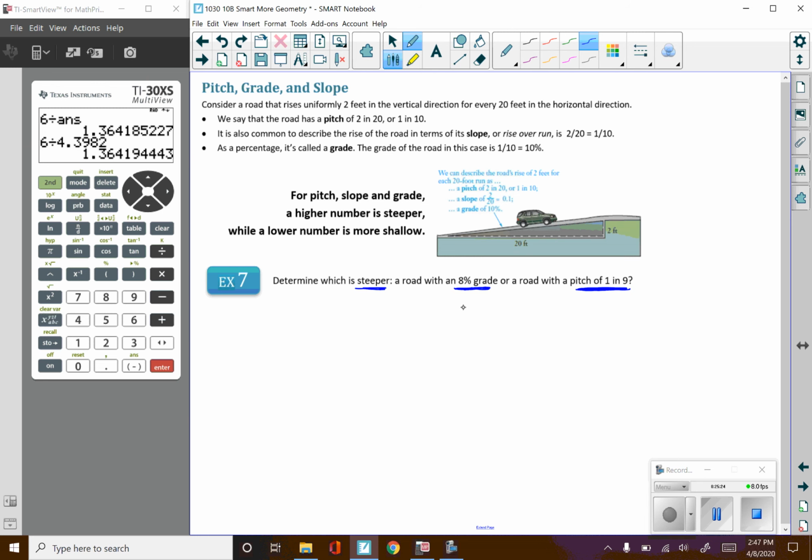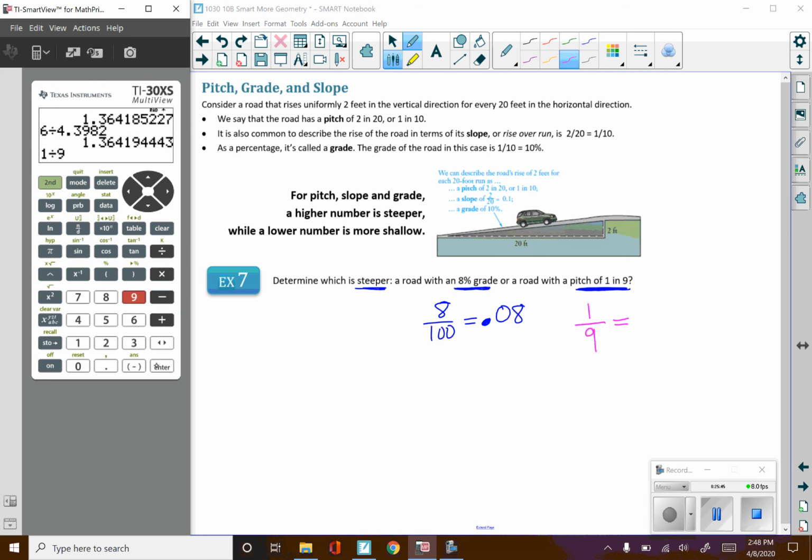Well, 8% grade means 8 out of 100, or in decimal form, that's 0.08. I think it's easiest to compare the decimals. Pitch 1 in 9 is the fraction 1/9, which in decimal form is 0.111.